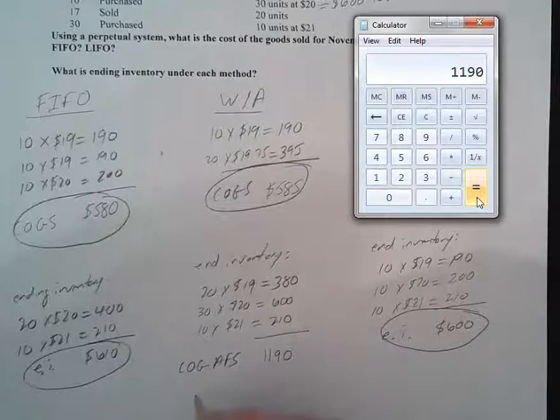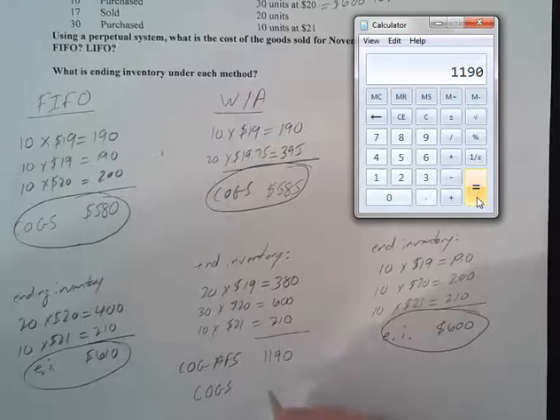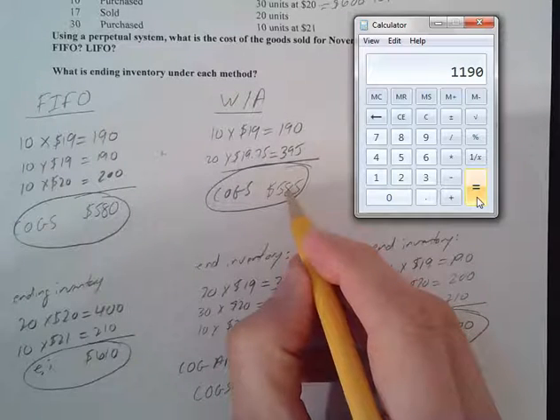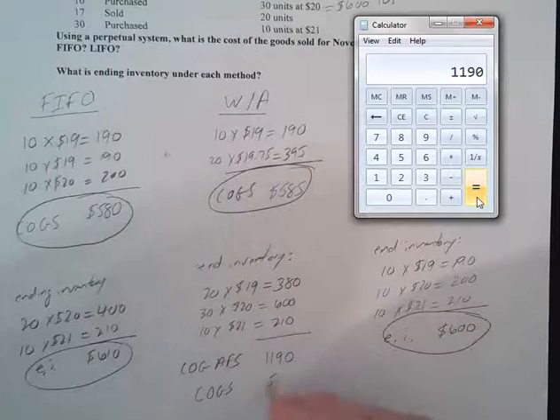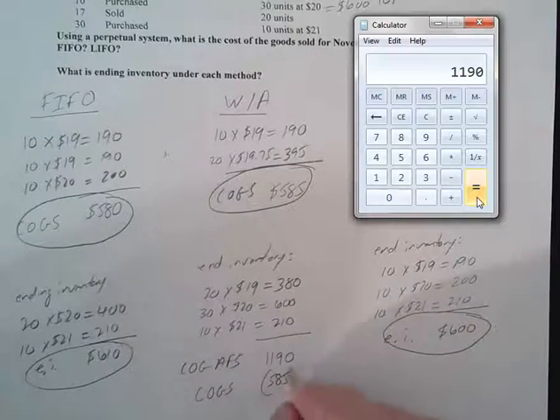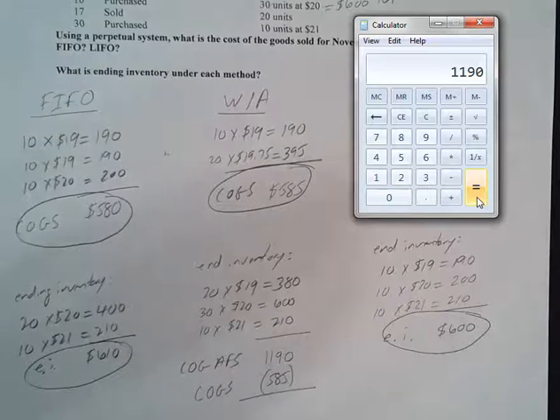Then we're going to subtract out this $585 cost of goods sold. So minus 585.